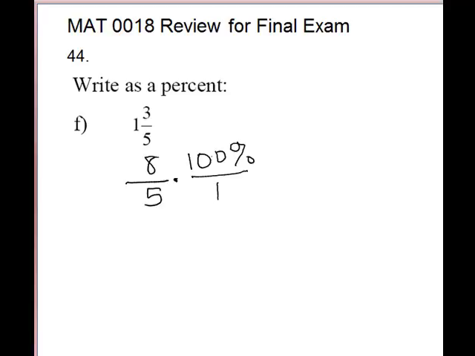You can cancel on the diagonal. 5 will go into 5 once, and into 100 it will go 20. And now multiply across. So 8 times 20 is 160. 1 times 1 is 1, which you don't need in the denominator. And on the numerator, you need to put that percent symbol. So 160%. If you're thinking about that, 1 is 100%. So you have more than 100%, so that is okay.